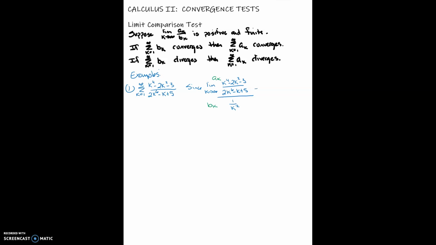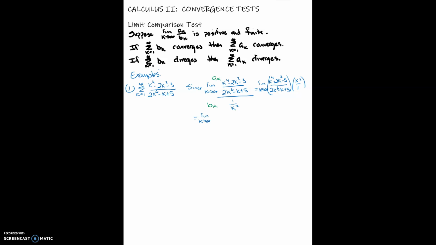I can simplify this a bit, multiply by the reciprocal of that denominator, make sure you continually write that limit notation in the front.